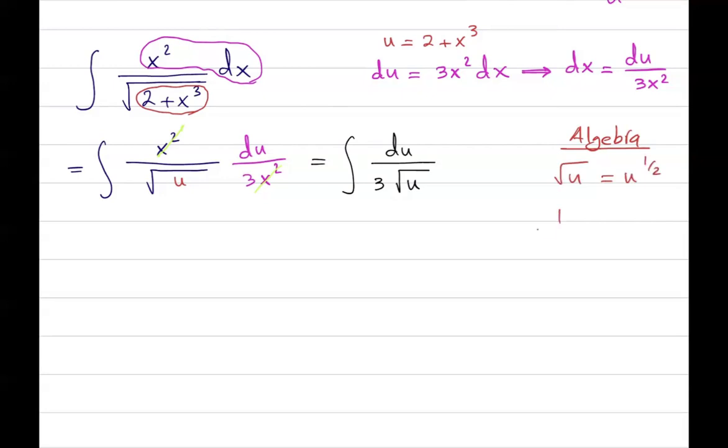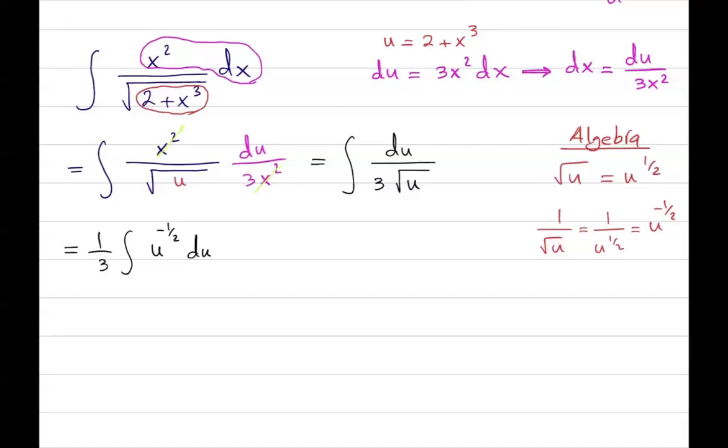And 1 divided by square root of u, which is 1 divided by u to a half, can be written as u to power negative a half. You can take this quantity on the denominator and write it on the numerator with negative exponent. So this integral can be written as a third integral of u to power negative a half du.